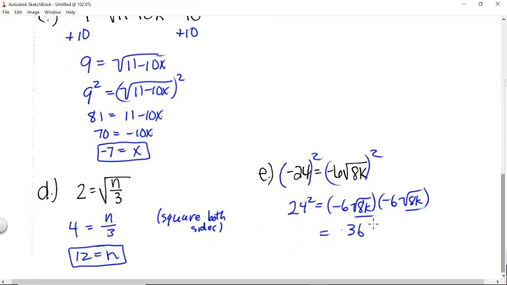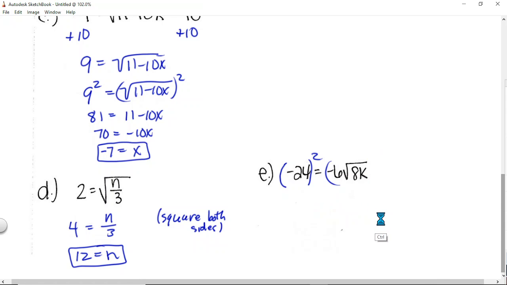The radical is canceled, and we get our 8k. Okay. So that would work. We could then solve for k. However, I'm not going to do it that way. It's going to be easier to first divide by negative 6. Okay, we might as well do that.